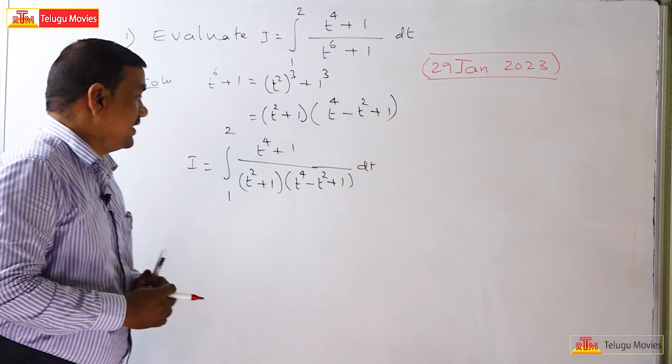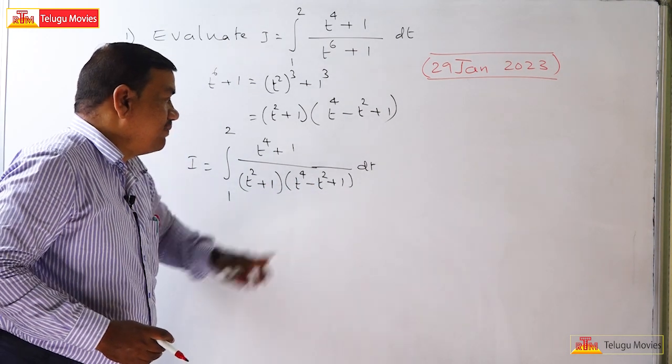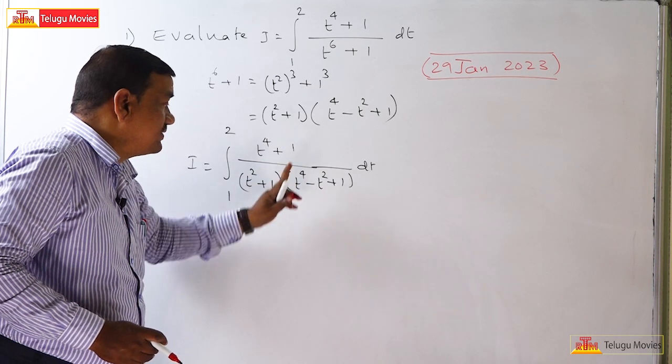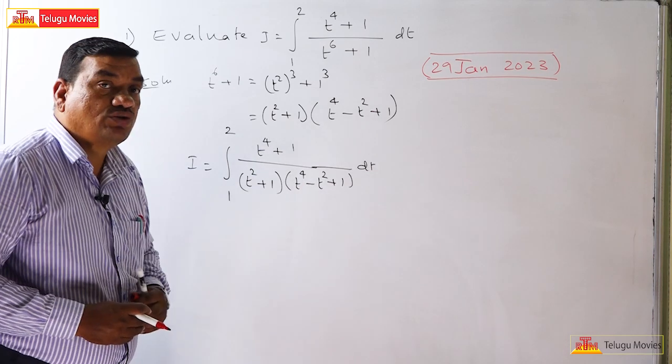Okay, now see here, t to the power of 4 minus t square plus 1 is there, here t square plus 1 is there. Here t to the power of 4 plus 1 is there in the numerator, but minus t square is not there.